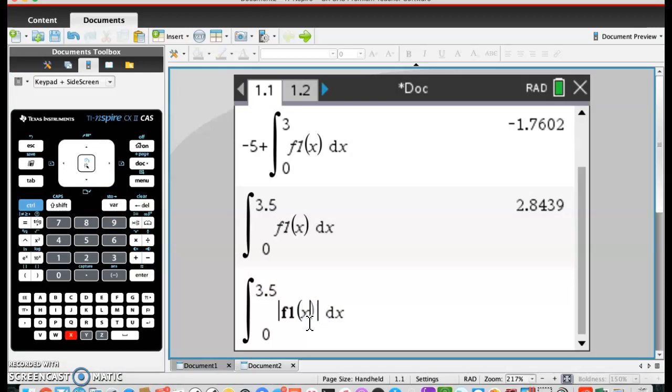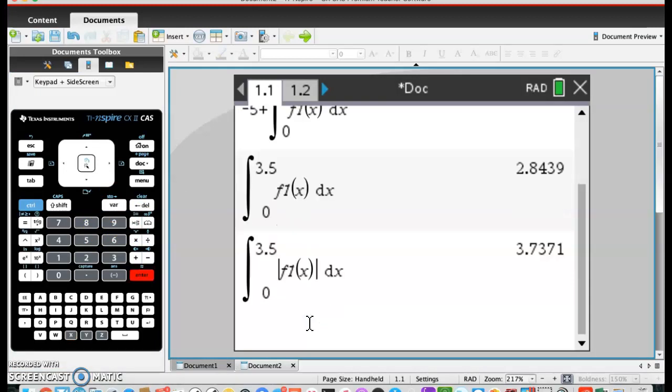You didn't have to delete everything I did; it just makes it easier when we're working out the problems. I got two numbers. I got 2.8439, which is 2.844. And for the next one, I got 3.7371, which is 3.737.